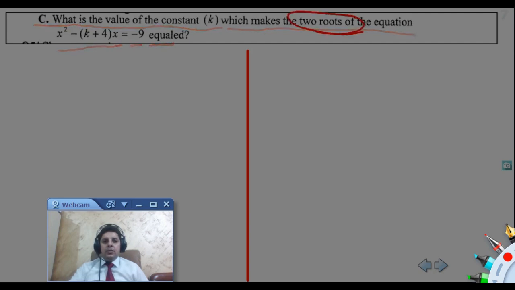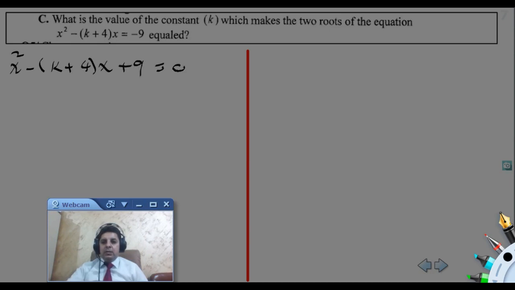The two roots are equal. He wants the value of constant k by using the discriminant. I write the equation by the general law: x squared minus (k plus 4) times x, by using additive inverse, plus 9 equals 0.